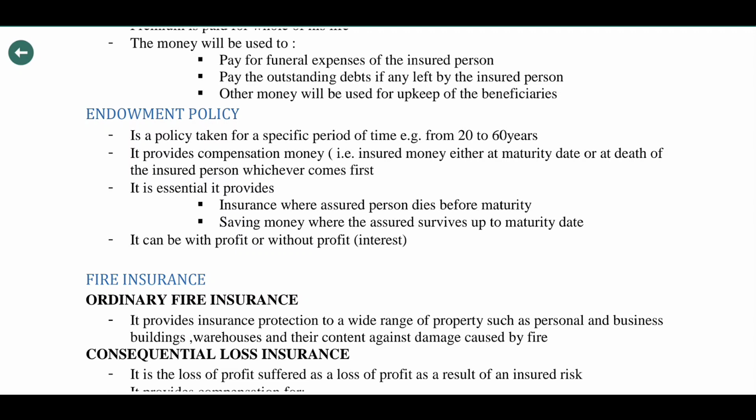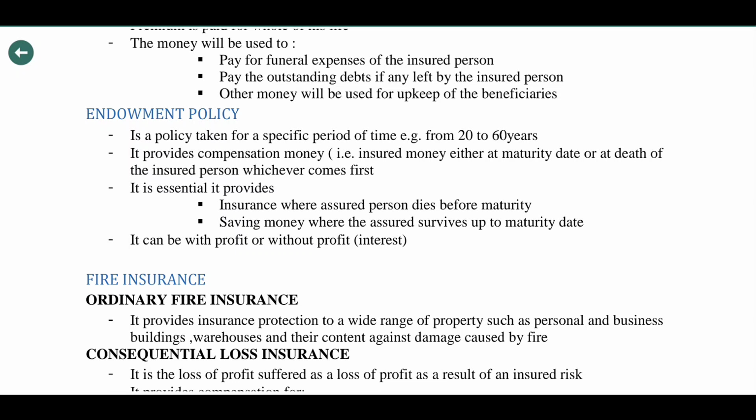So, number one, this is expensive. Okay? It can be with profit or without profit, but that is interest. Now, this is expensive. Why? Because number one, it allows someone to be saving money, okay?